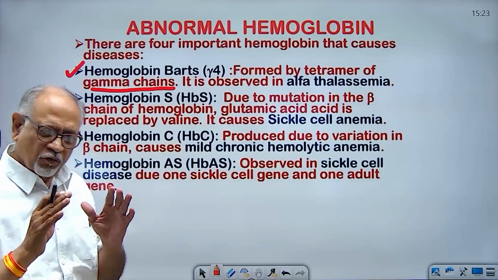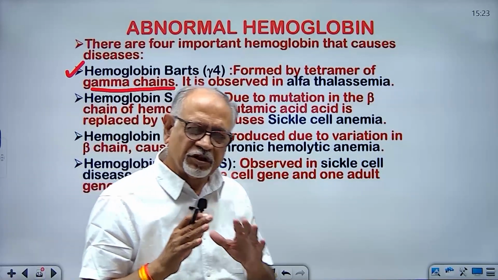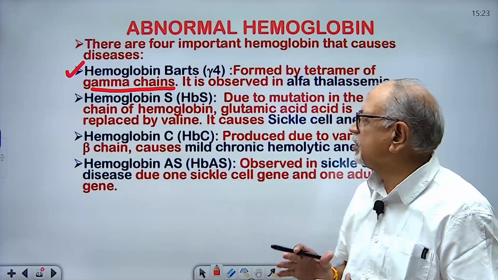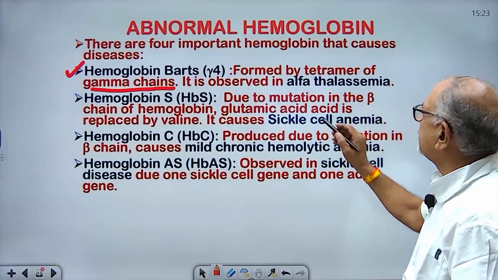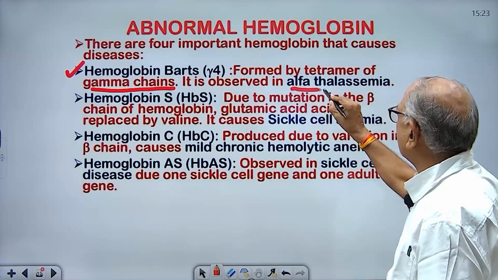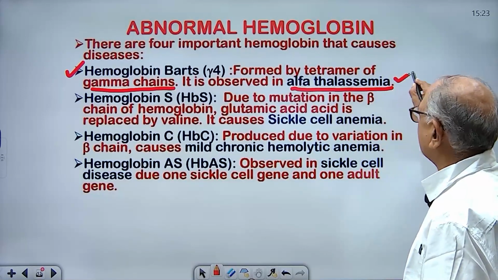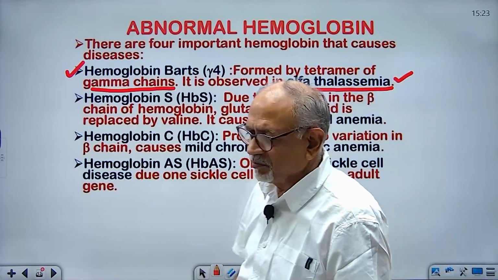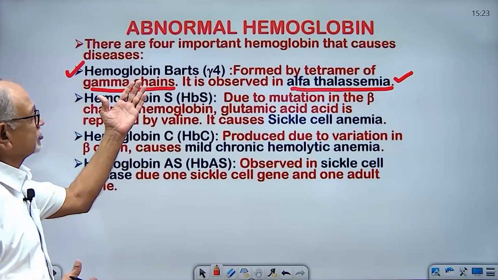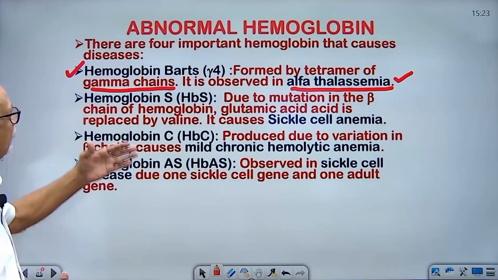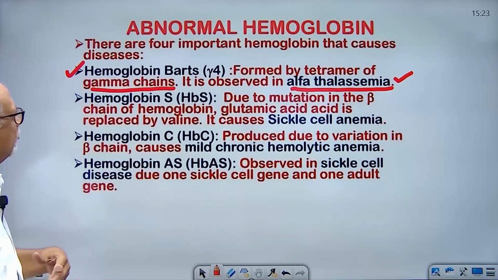So, 4 polypeptide gamma chains are there in this hemoglobin Barts. It is observed in case of alpha thalassemia. So, alpha thalassemia is a disease caused by this type of abnormal hemoglobin, which is called hemoglobin Barts.